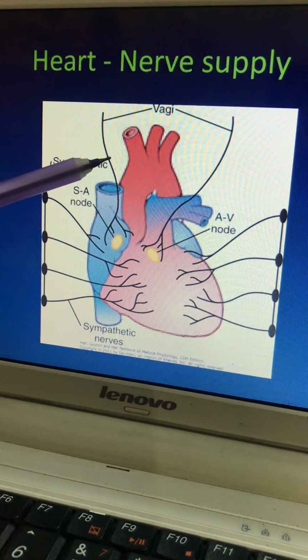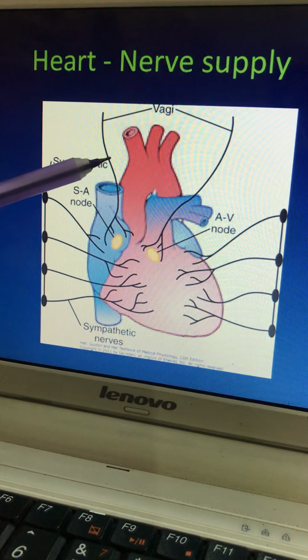But for accurate calculation, there is a formula for the maximum normal heart rate. This formula is 208 minus 0.7 times age.